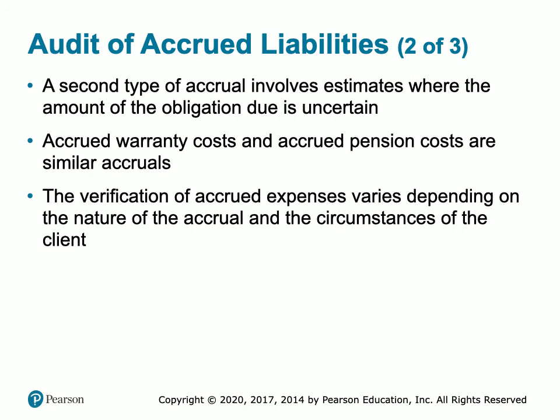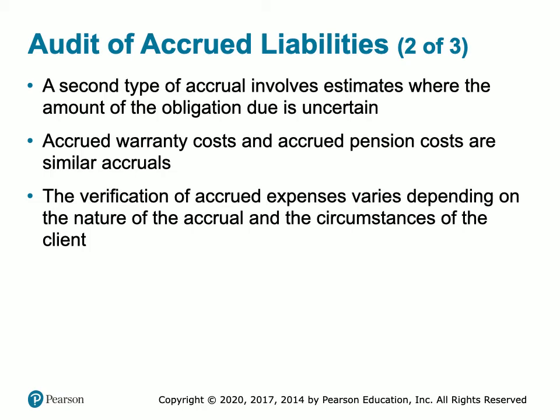Basically, accruals are estimates, and therefore they're higher risk. You can have accrued warranty costs, right? So, when you sell a good or service, you may have a warranty liability for that good or service that you have to satisfy, and you have to make an estimate of future claims against those warranties.